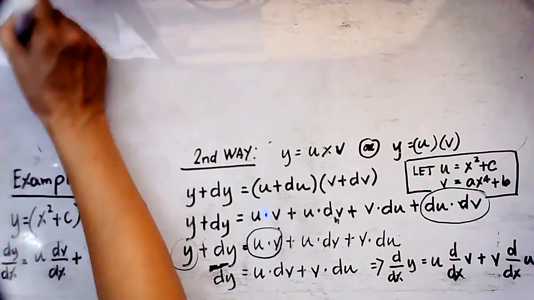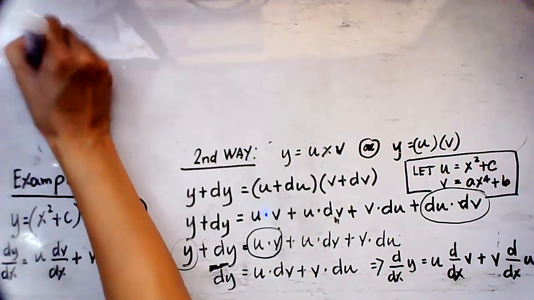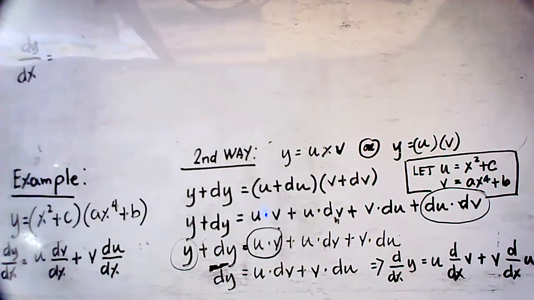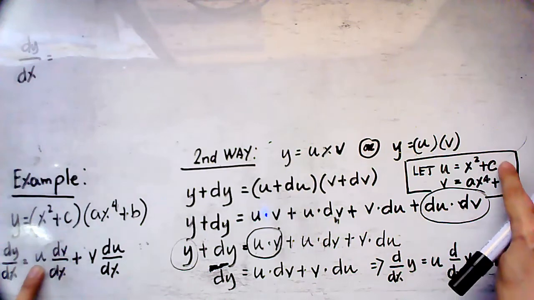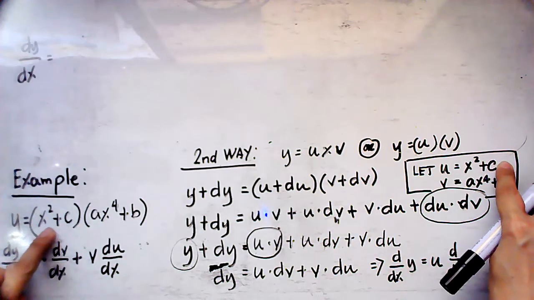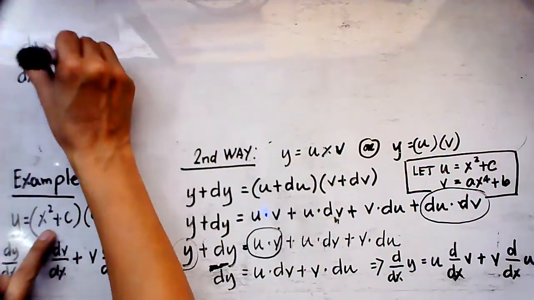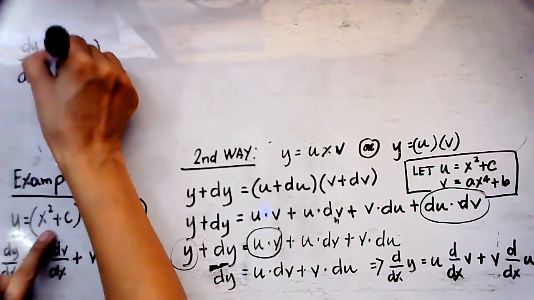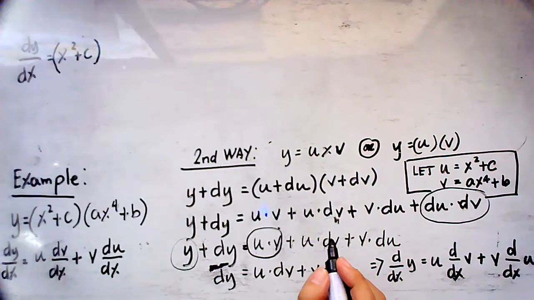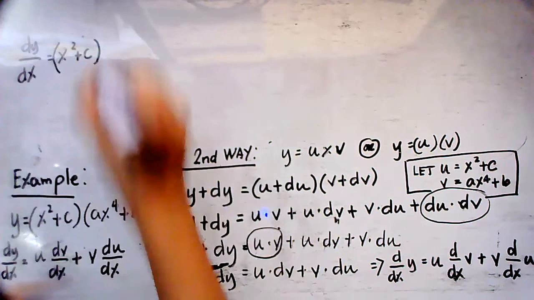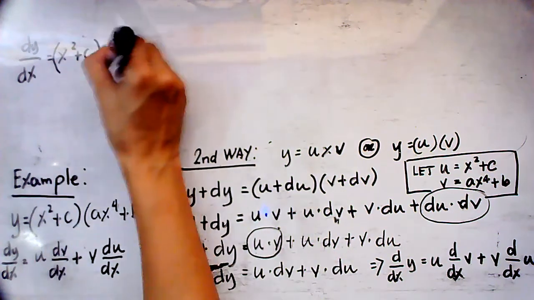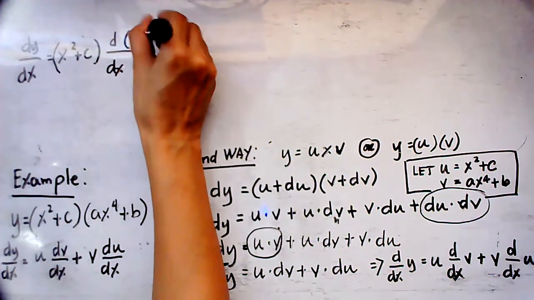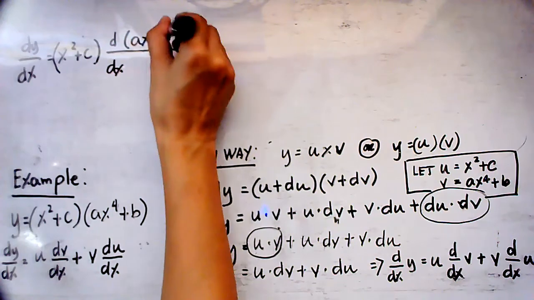So using dy dx, that would be equal to u, x squared plus c, and then you multiply it with the derivative of v, so that is d dx of ax to the fourth plus b.